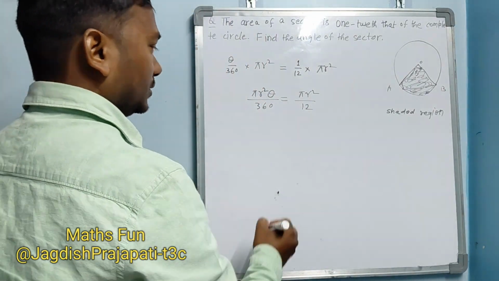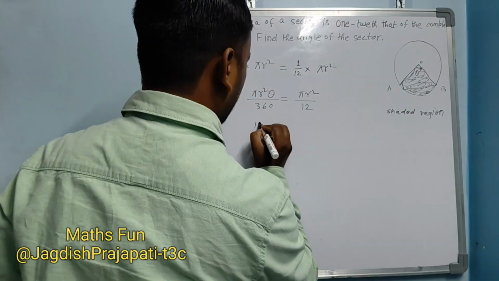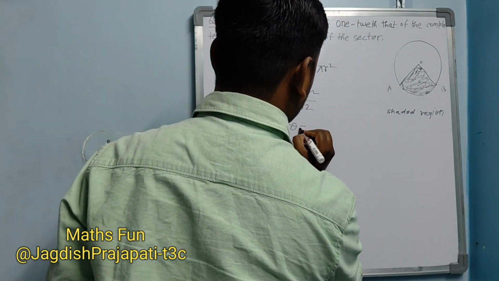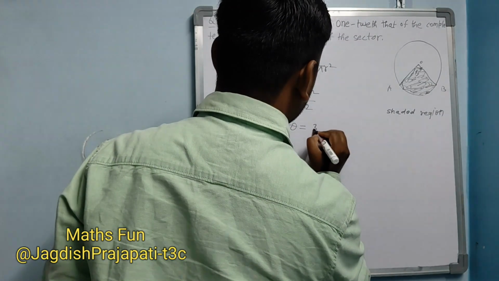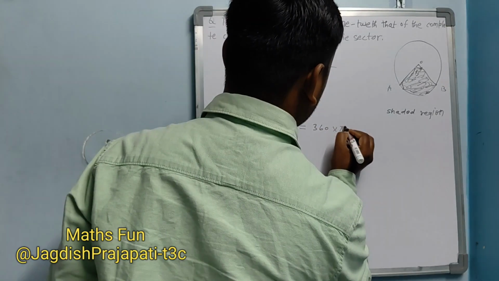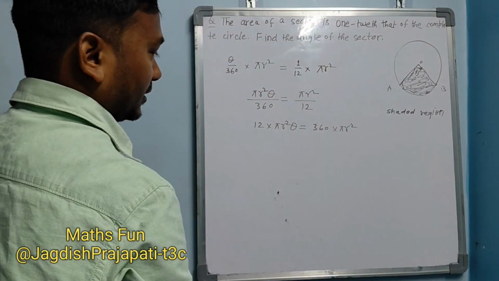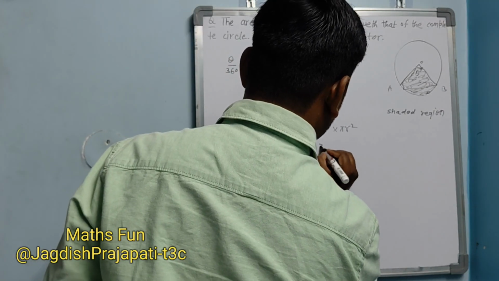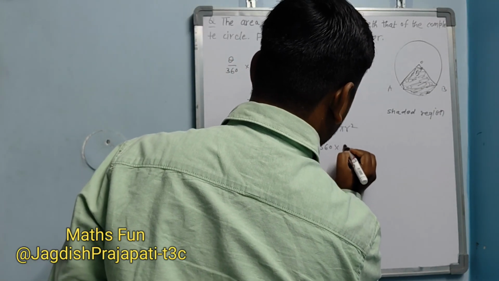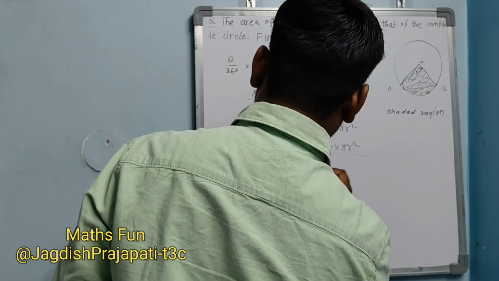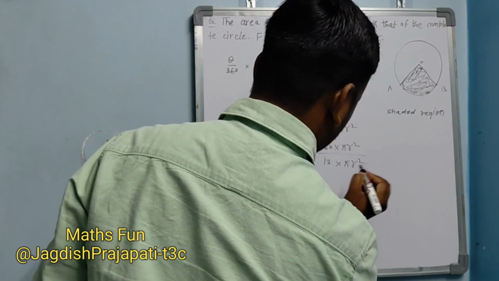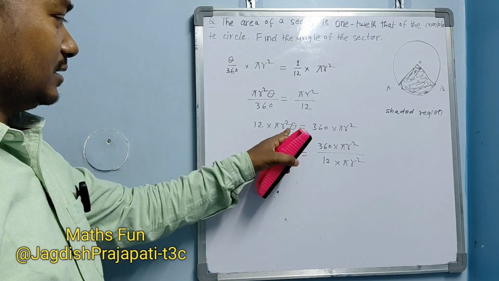So 12 into pi r square theta equal to 360 into pi r square. We want theta, and therefore theta will be 360 into pi r square by 12 into pi r square, because these are in multiplication.